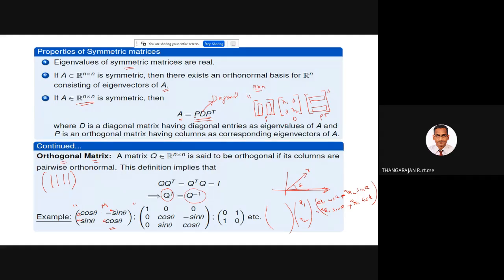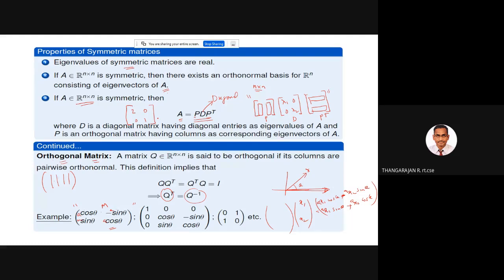Symmetric means one more thing, sorry: the upper and lower triangles are the same. For example, this is a symmetric matrix. Like this, I can say. So this is one example.